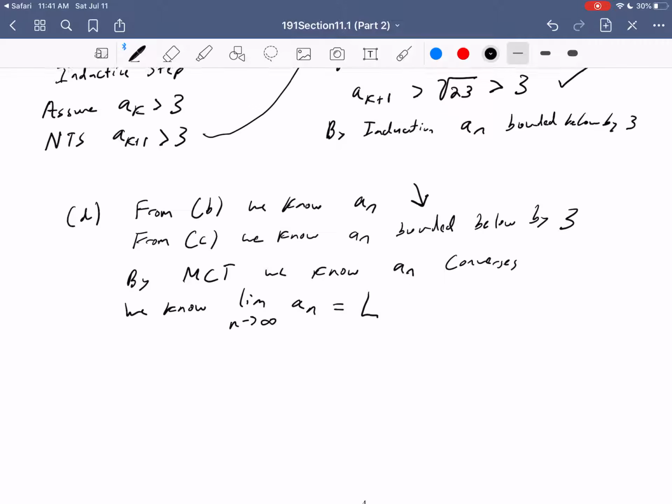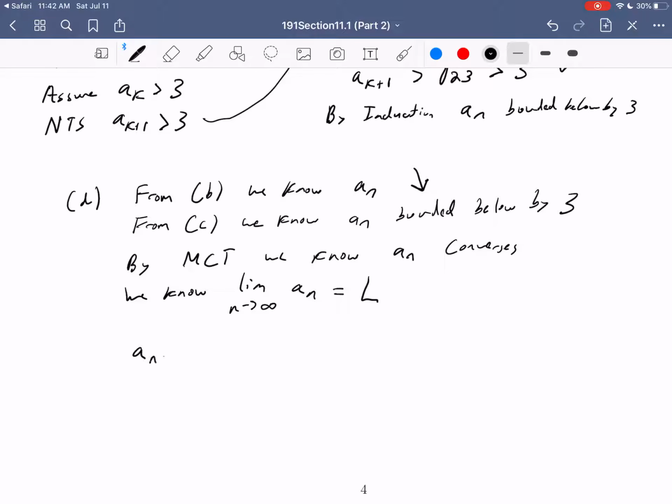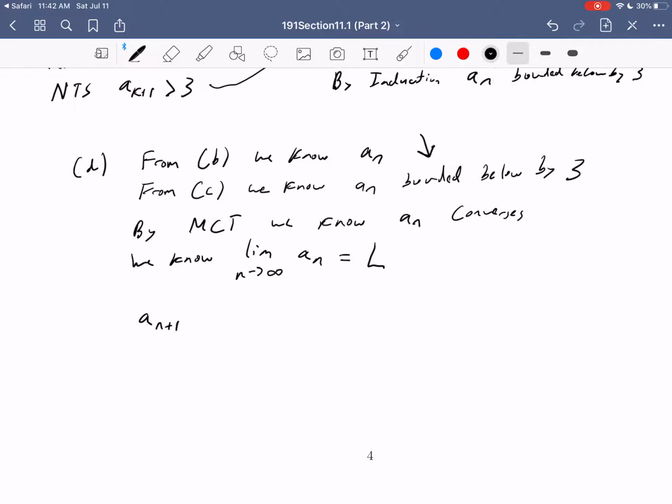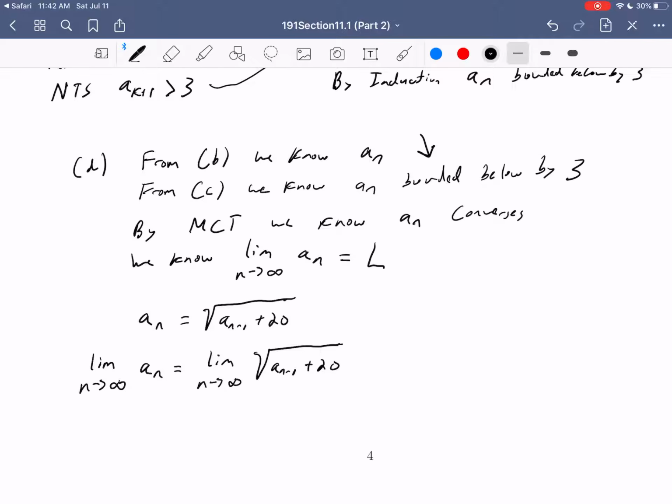Well, remember, we have this expression. We have a sub n, excuse me, that's how we wrote it. a sub n is equal to the square root of a sub n minus 1 plus 20. This is our recursion. So let's apply the limit on both sides. So the limit as n goes to infinity of a sub n has got to be the limit as n goes to infinity of the square root of a sub n minus 1 plus 20.